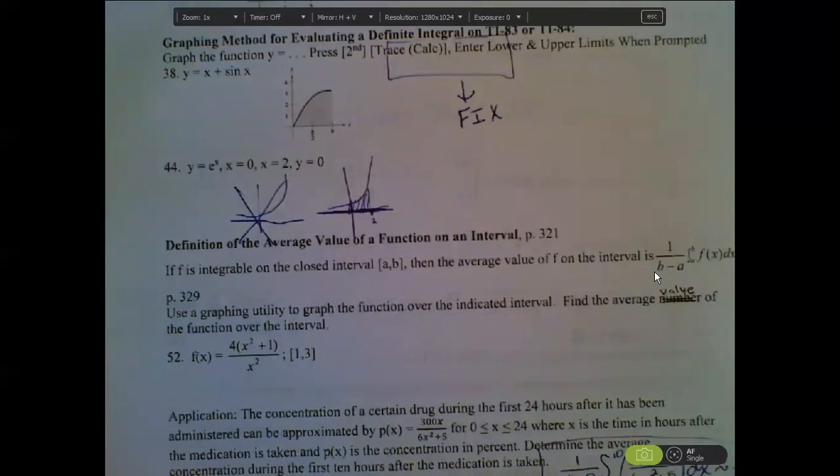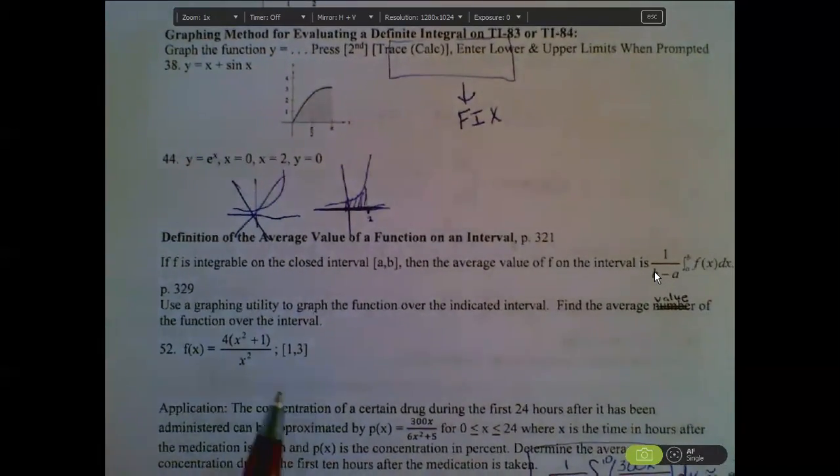And on number 52, if I said find the average value of this function on the interval from 1 to 3, make sure you understand what it's giving you is the average y value.